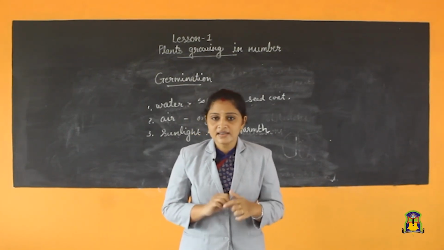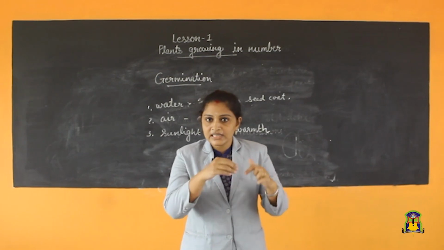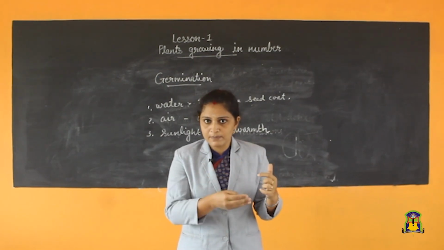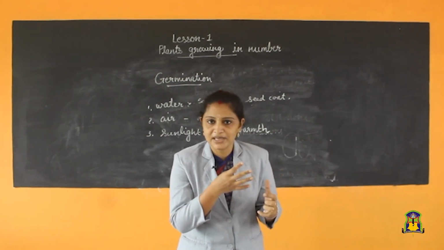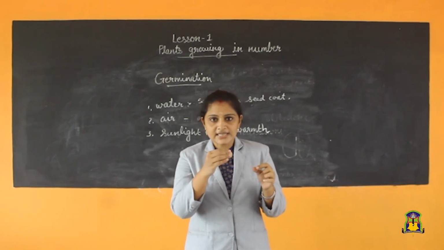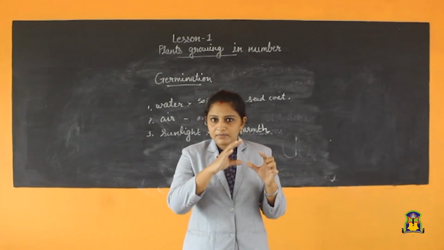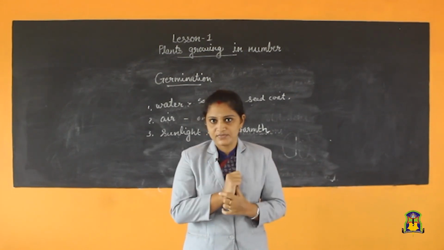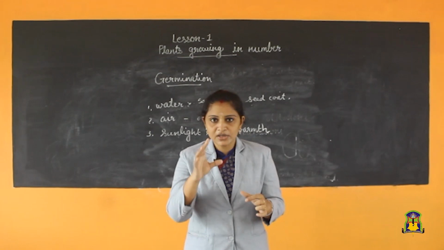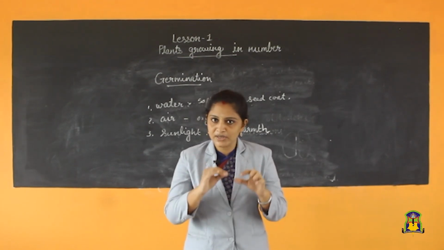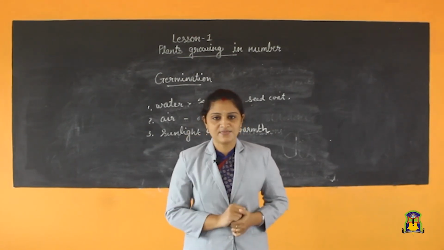Okay. Then what happens? Next part of that baby plant, that baby shoot, also starts germination. Then that goes upwards. So, baby root goes downwards and baby shoot goes upwards.